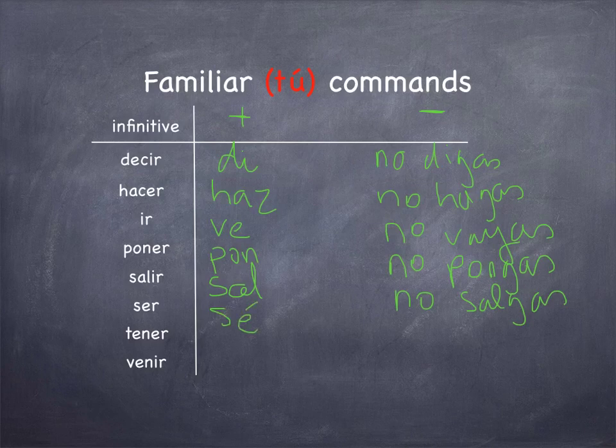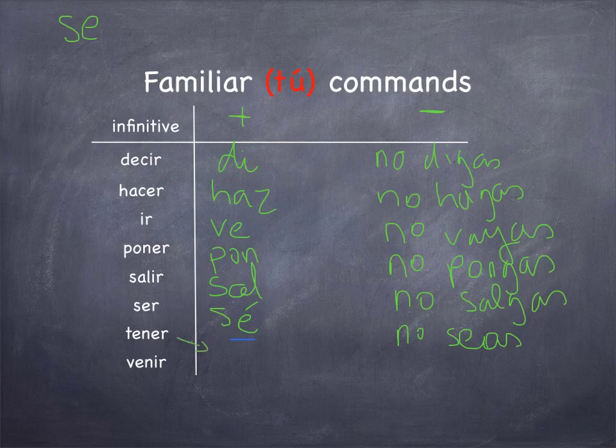Ser, sé. Now attention to the accent here, because remember that se without an accent could be a reflexive pronoun or the impersonal se, but sé with an accent is the command form of the verb ser. And then the negative form would be no seas.